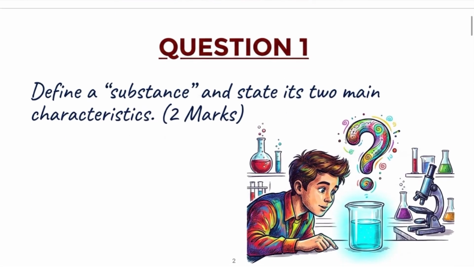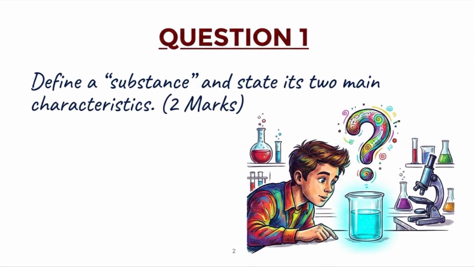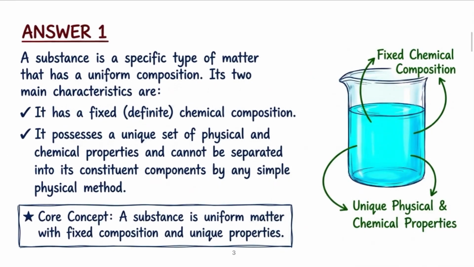Question number 1. Define a substance and state its 2 main characteristics. So we know what a substance is. A substance is a special type of matter which is having uniform composition. Now check the answer. A substance is a special type of matter which is having uniform composition.